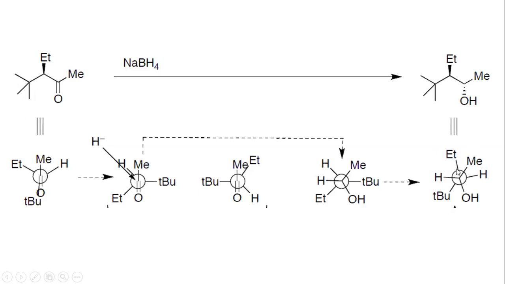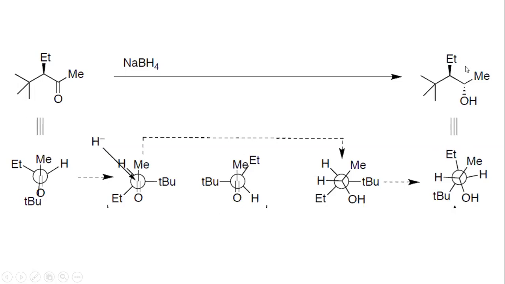Ethyl which is on the rear carbon is above the plane, and the hydrogen which is on the front carbon must be above the plane. You can see the hydrogen here is written above the plane, and the hydrogen which is on the rear carbon is below, and the OH also must be below.